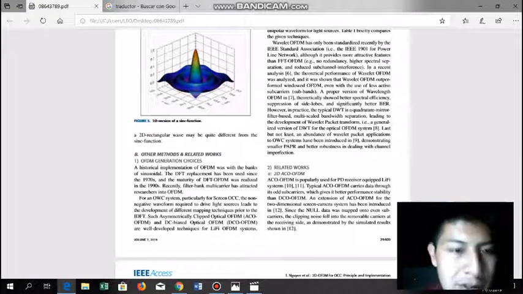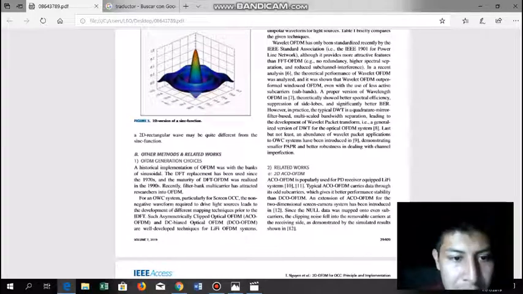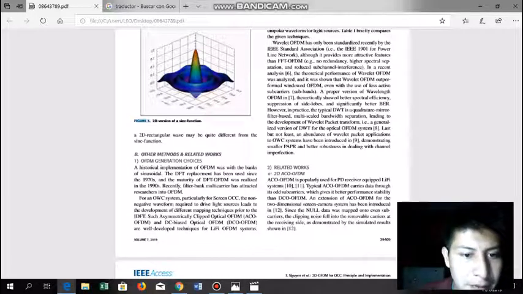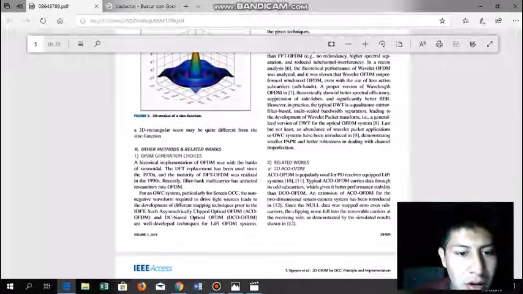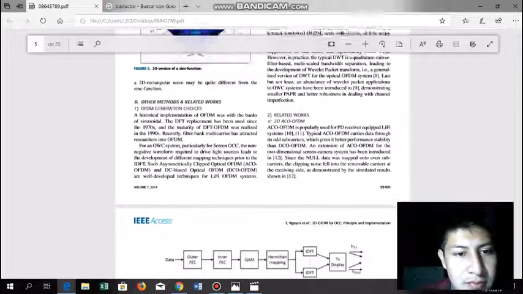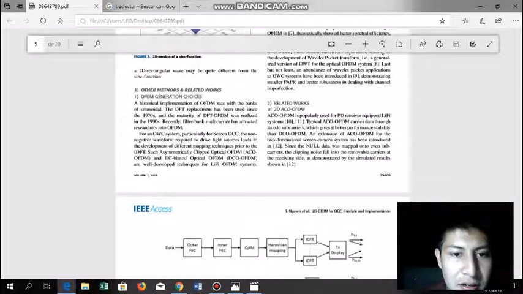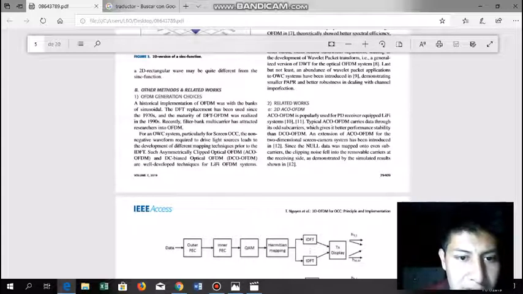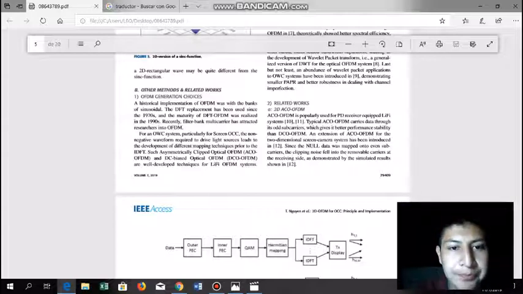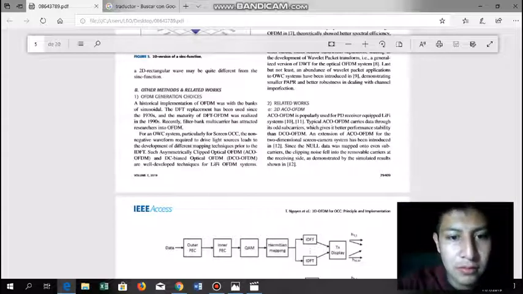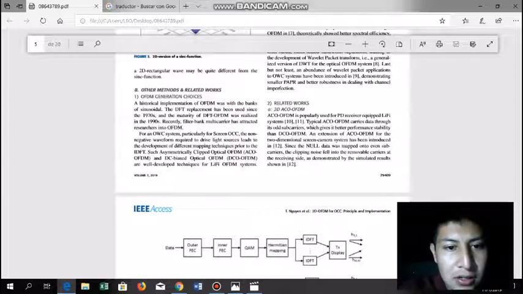The next point is B, other methods on reality works. For OCC systems, particularly for screen OCC, a non-negative waveform is required to drive the light source.